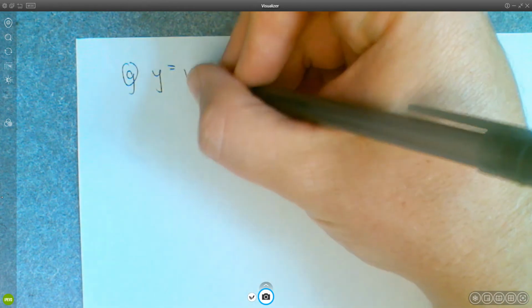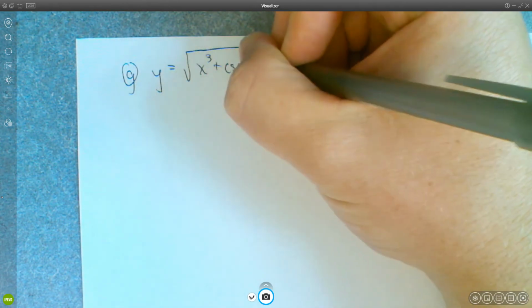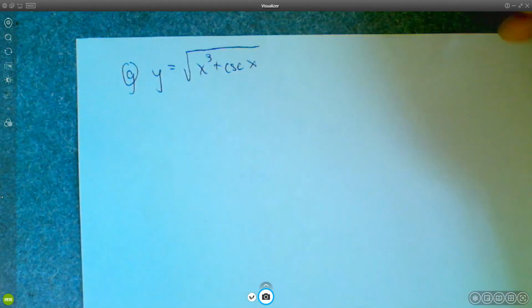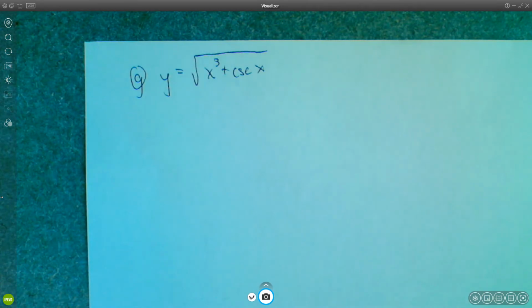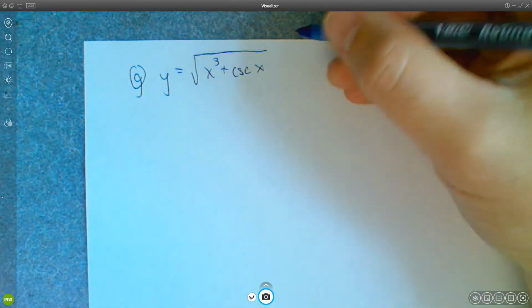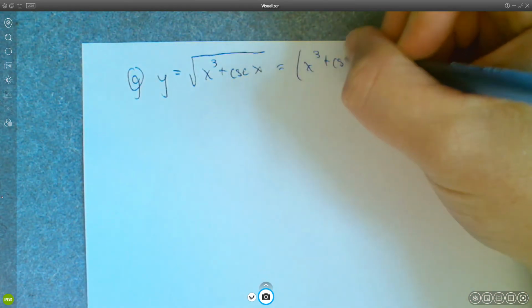y equals square root of x cubed plus cosecant x. Give the video a pause, see if you can figure that one out. Okay, so I'm really thinking of it this way.